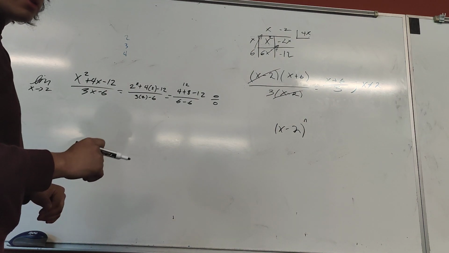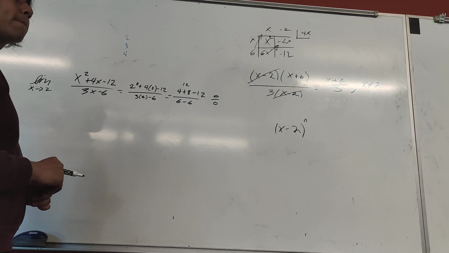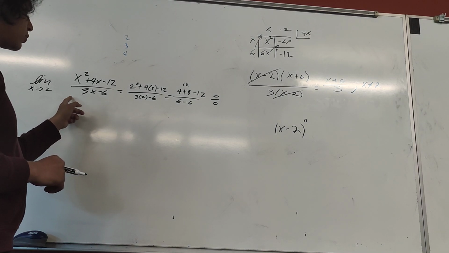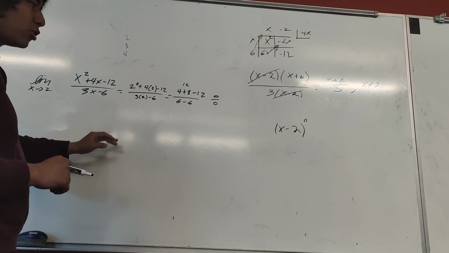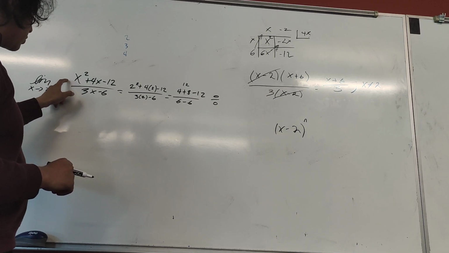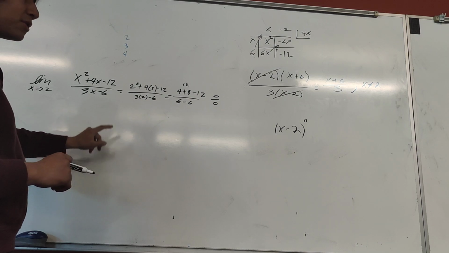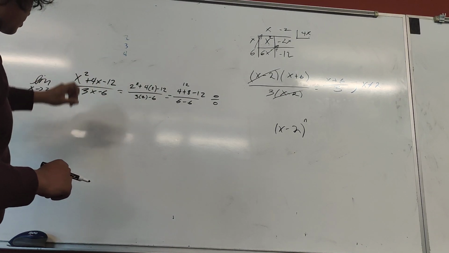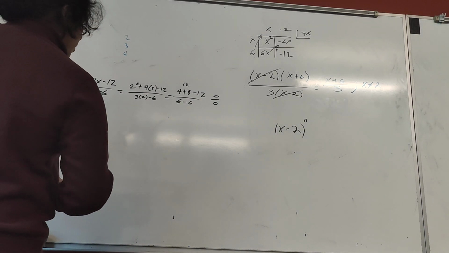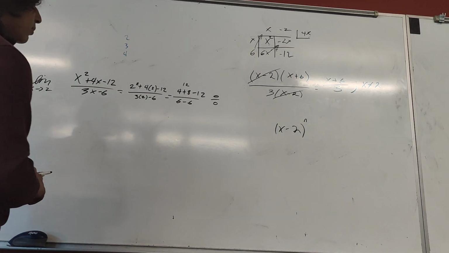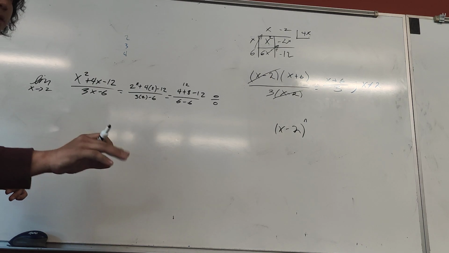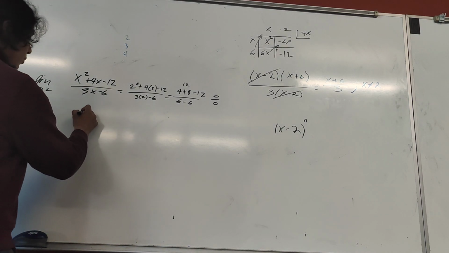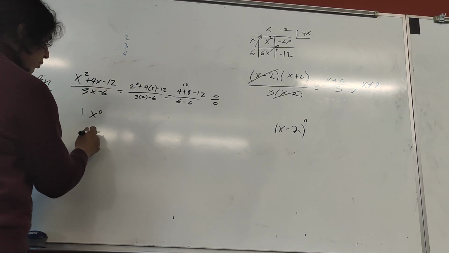For the most part, a rational function is polynomial over polynomial. A polynomial is anything that has a degree. Degree is the number above the exponent. And constants are considered polynomials because constants can be written as x to the 0.